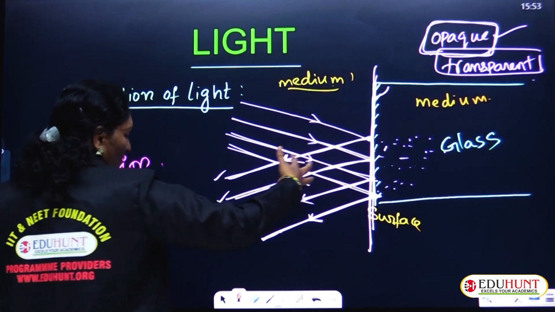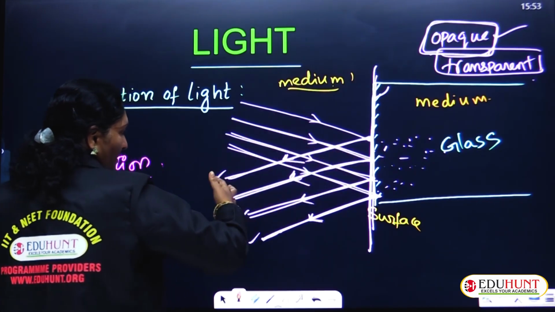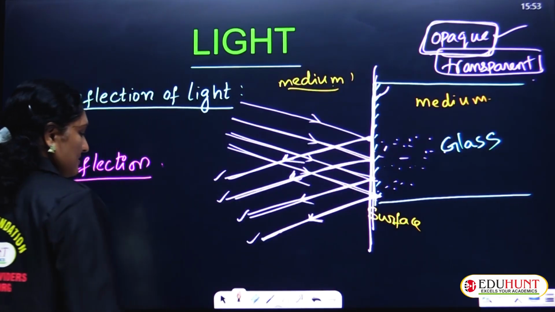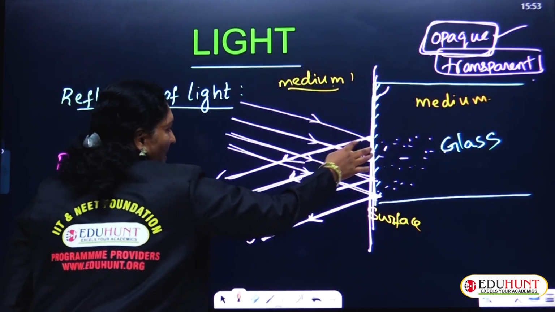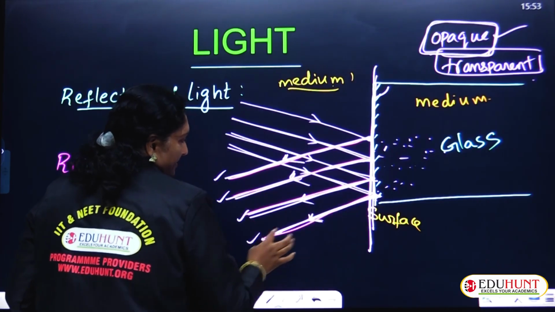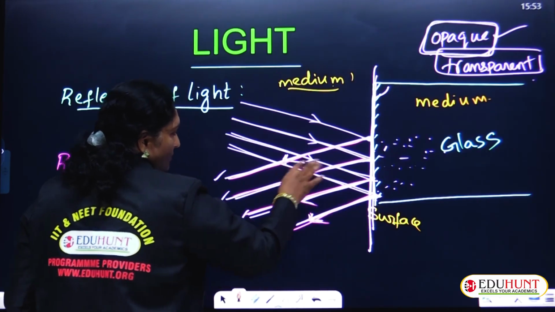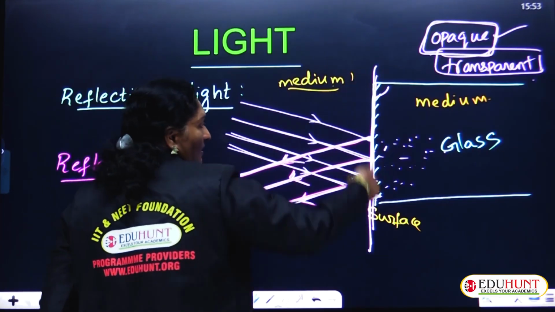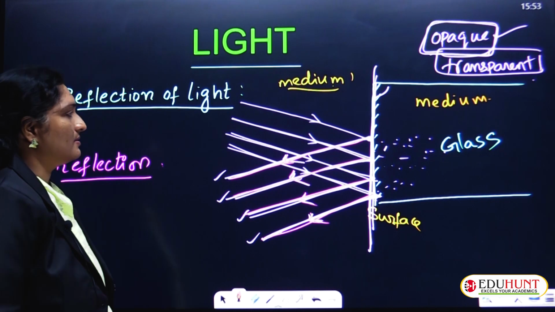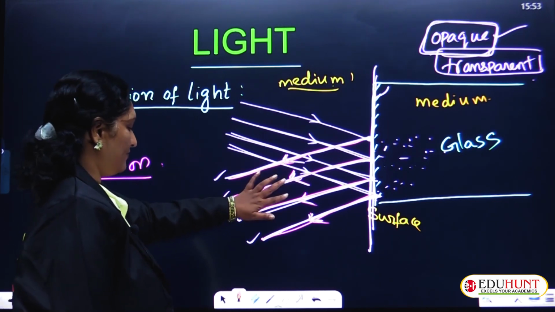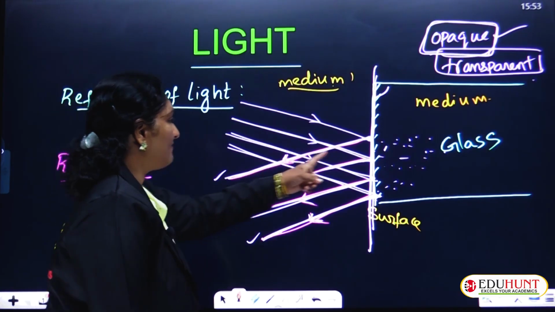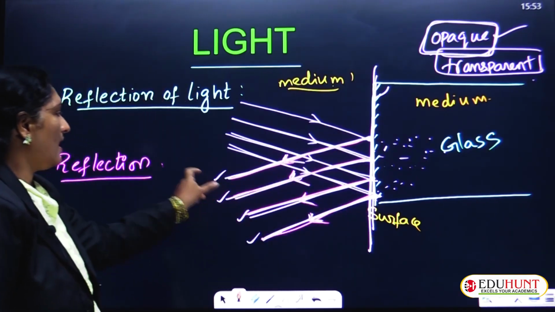So the return of light into the same medium after striking the surface, these lights are called your reflected light rays. So what are these actually doing? They are returning back after meeting a surface.